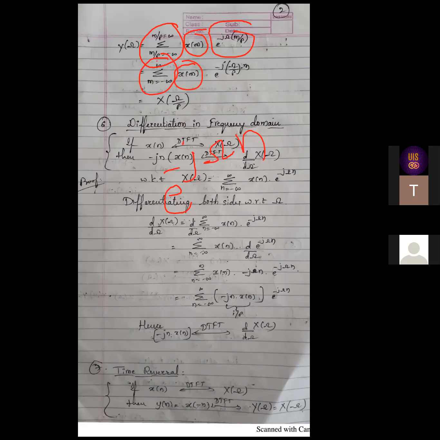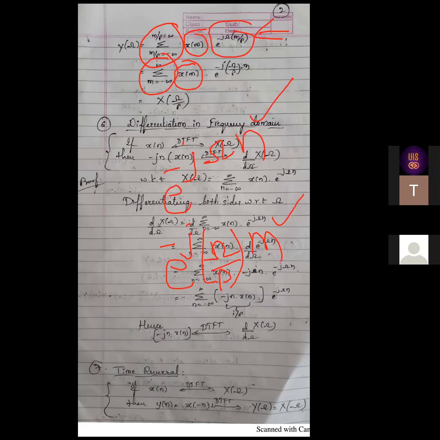How will I write it? e raised to minus j, we have variable m, and the remaining terms are omega by p. Generally it is some time variable n, here the time variable is m.